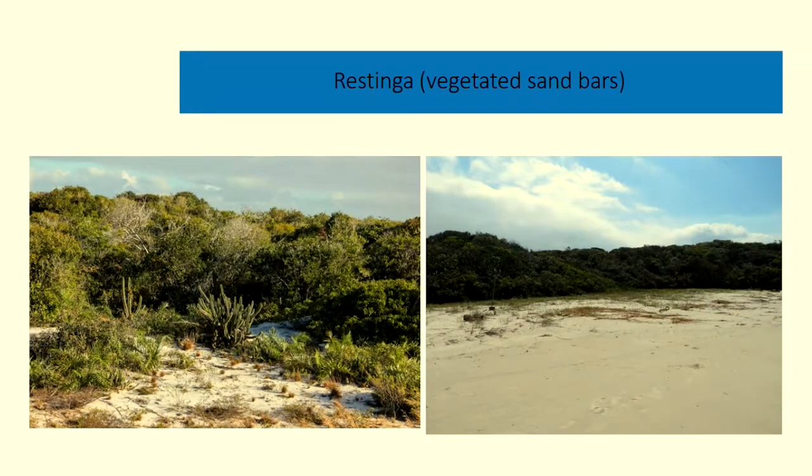So you try to be more pragmatic in these terms and define it as vegetated sandbars: sandy deposit systems at the coast and the coastal plain with the typical vegetation of lowlands on the coast, okay? It's something between coastal forest and sand dunes, in the middle of the road, right? It's very common.